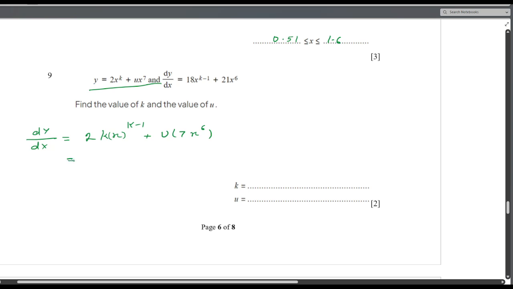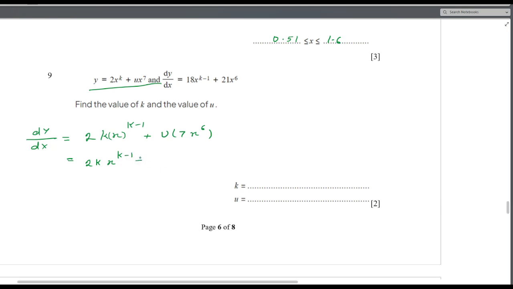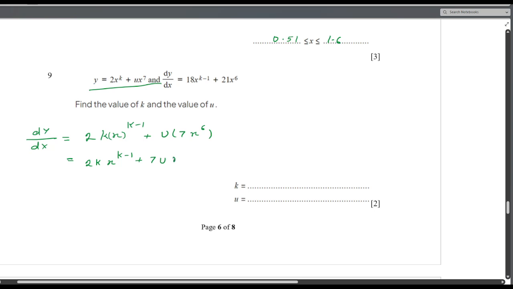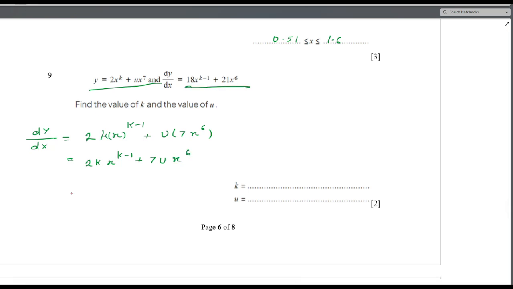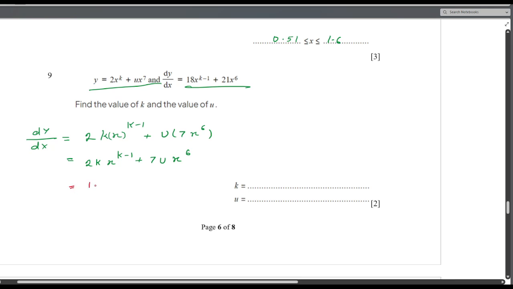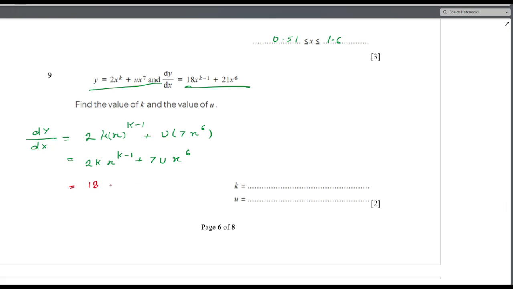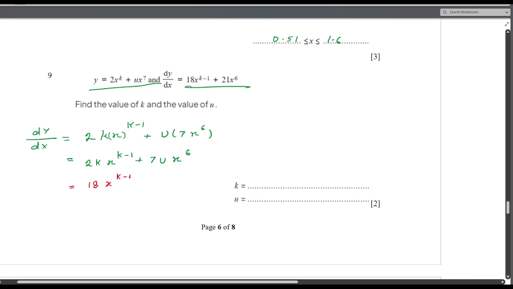So in short, this is 2k x power k minus 1 plus 7u x power 6. Now it is already given that this is equal to 18x power k minus 1 plus 21x power 6.